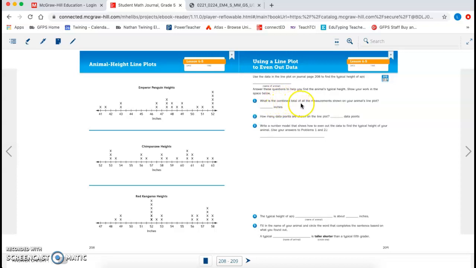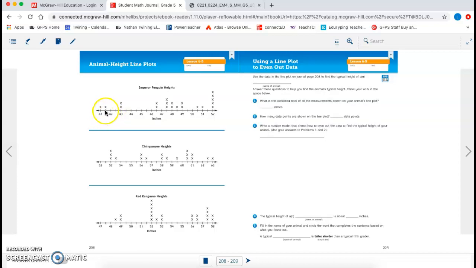It says what is the combined total of all the measurements shown on your animal's line plot. Okay, so you'll have to find out what the height is for each one, how many there are, and then add it. So if I were to look at emperor penguin heights, I have 141. Now I have a line in between 41 and 42.